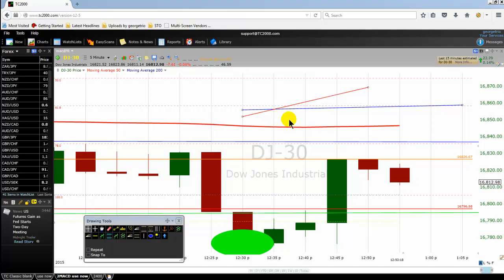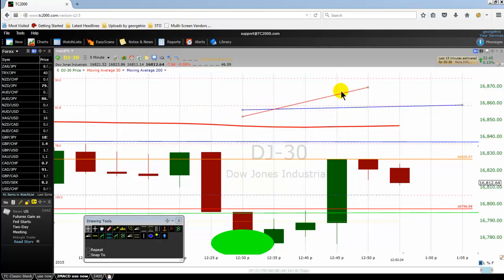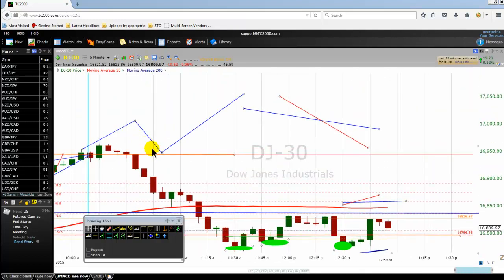So instead of focusing on the moving average crossovers, after the crossover and the warning, the trader must now concentrate on the price and see what the price is doing.